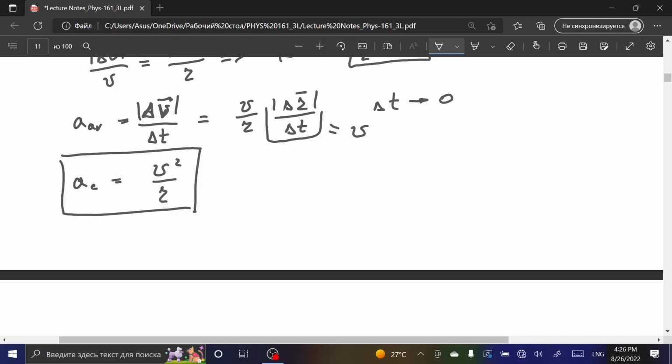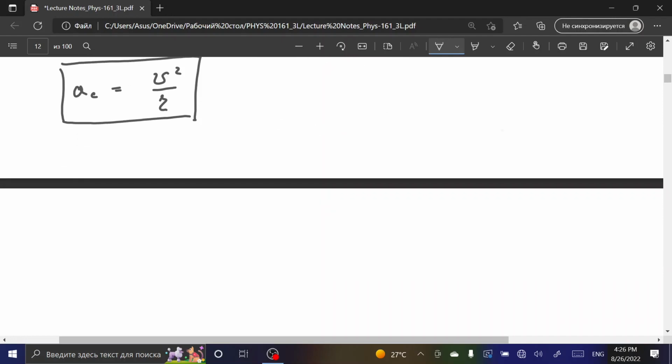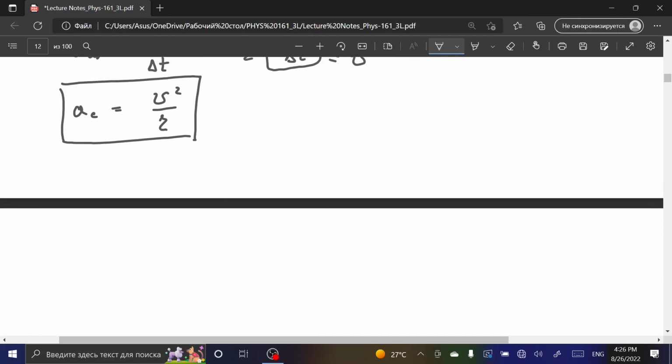The linear velocity doesn't change in magnitude, it only changes in orientation. So we can write that the period, denoted as capital T, is equal to 2 pi times r divided by v, the linear velocity.